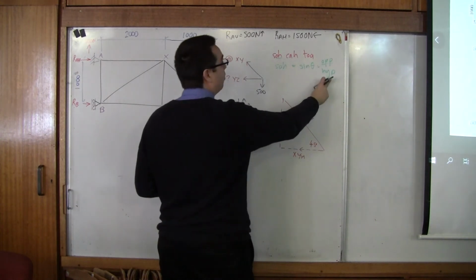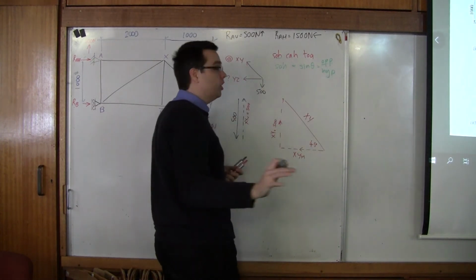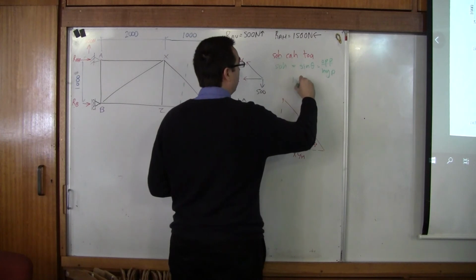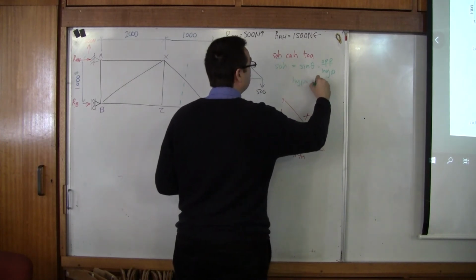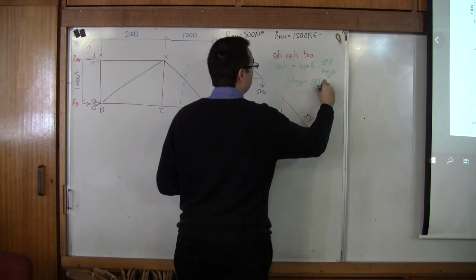Now we want to find the hypotenuse. I'm going to jump a step in algebra here, and I'm just going to assume that you can go that hypotenuse equals the opposite divided by sine theta.